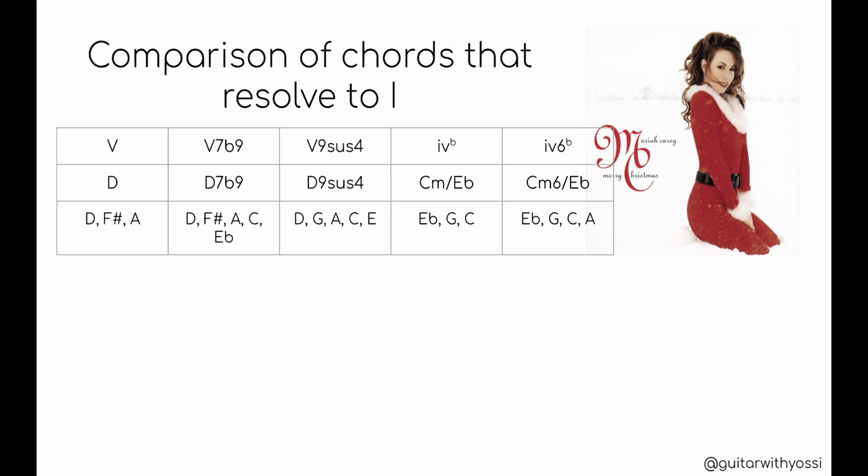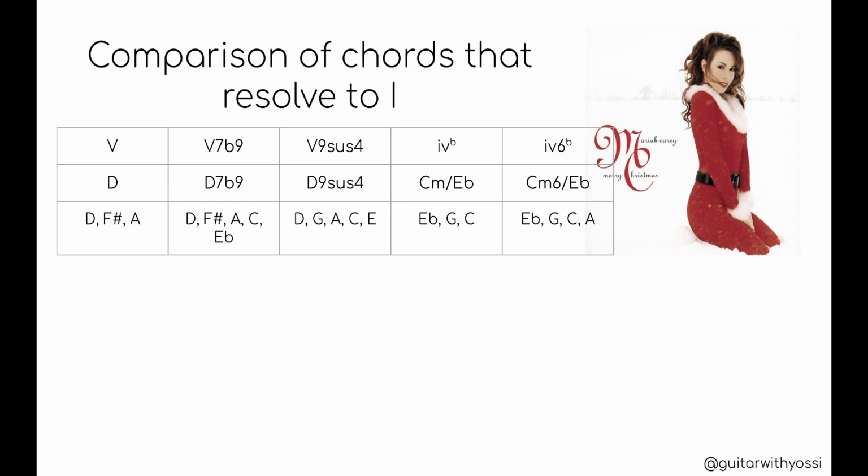C, D, G. So, the D has D, F sharp, and A. Sounds like that. The D7 flat 9 has those notes. Has a bit more of a crunchy feel. The D9 sus4 has these notes.